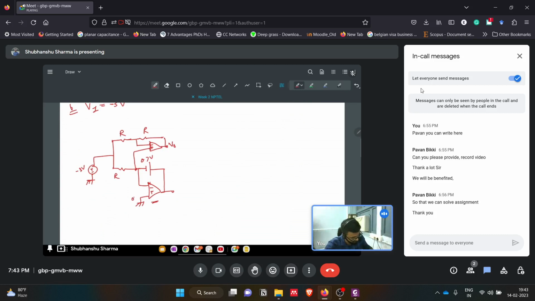So this is 0 volt, so this will be 0 volt also.